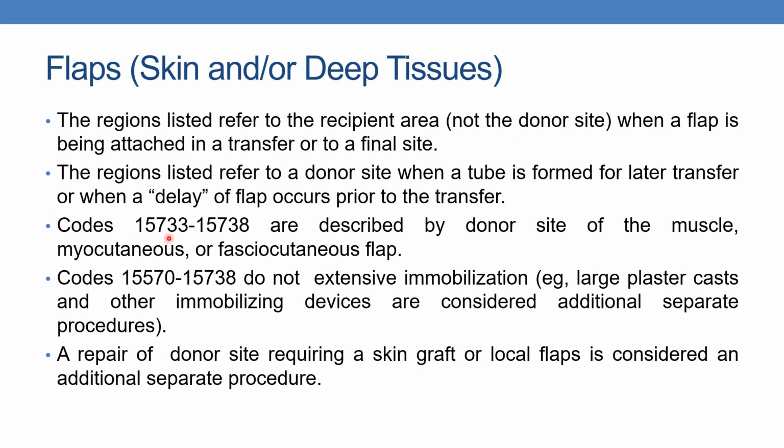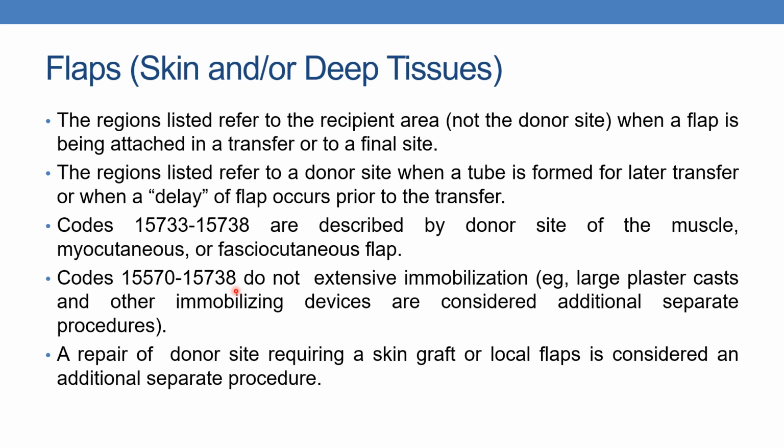Codes in the range 15733 to 15738 are described by the donor site of the muscle, myocutaneous or fasciocutaneous flap. The next point is that codes in the range 15570 to 15738 do not include extensive immobilization. For example, large casts or immobilization devices are to be considered separate procedures.